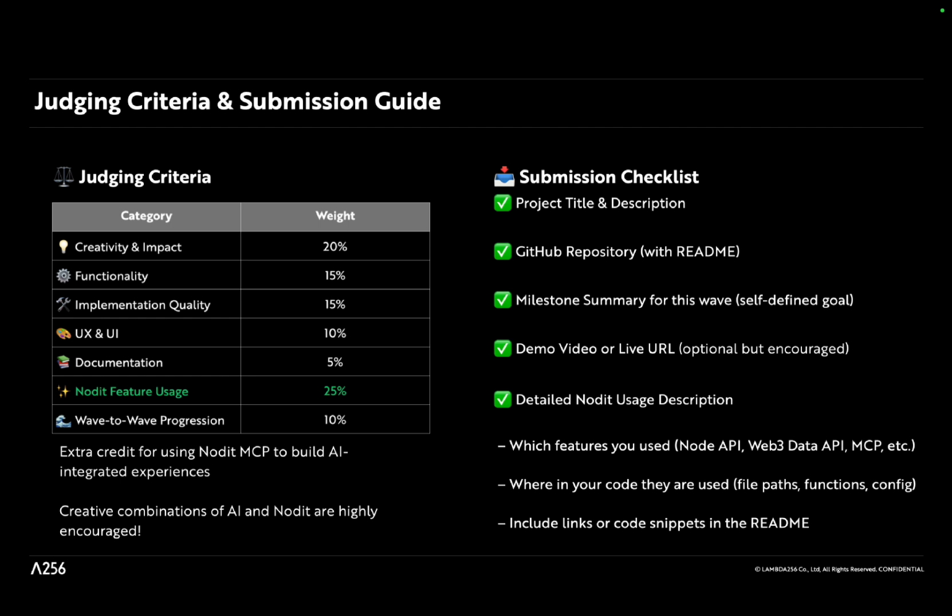That includes our Node API, Web3 Data API, webhooks, streams, and especially the Nodit MCP, which lets AI agents interact with Nodit directly. If you use MCP to build something AI integrated, you will get bonus points. But even if you don't use Nodit MCP directly, we highly encourage you to create a combination of AI and Nodit in any form.